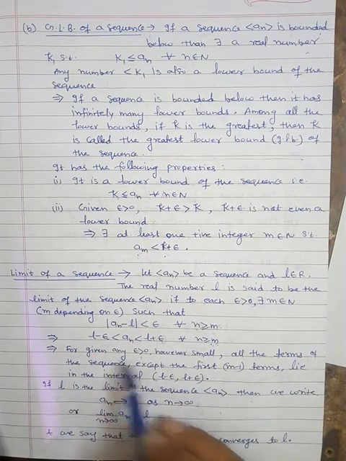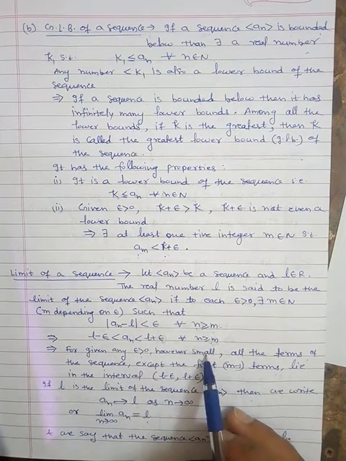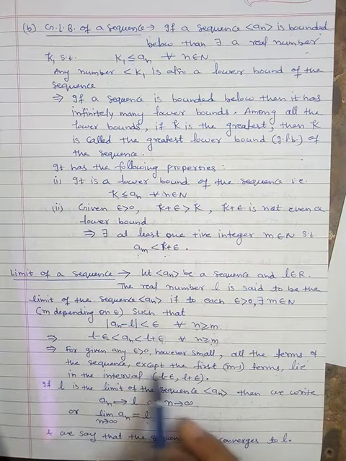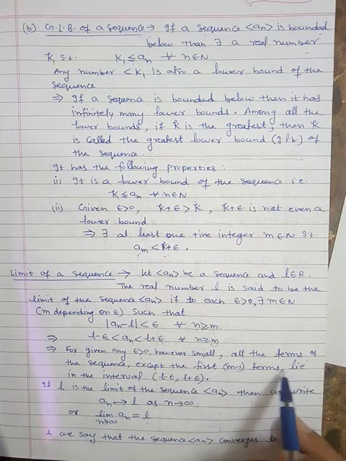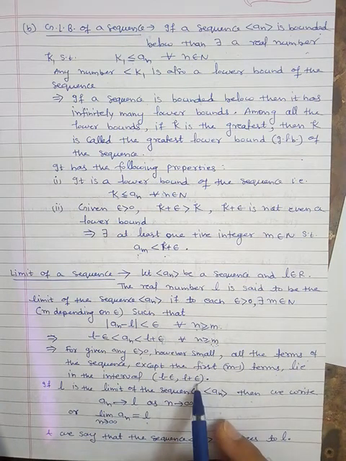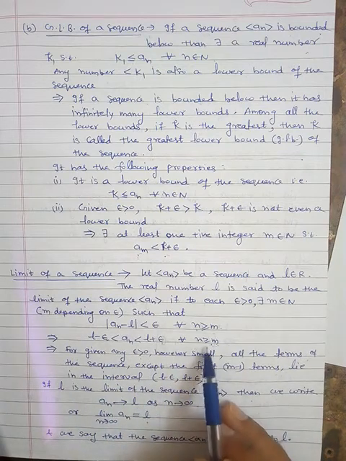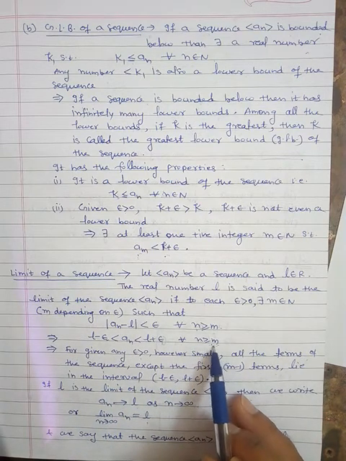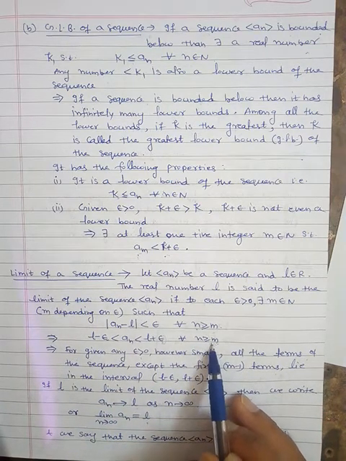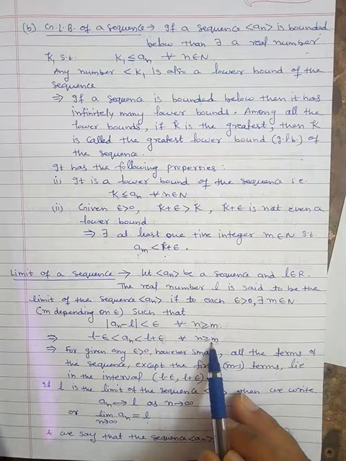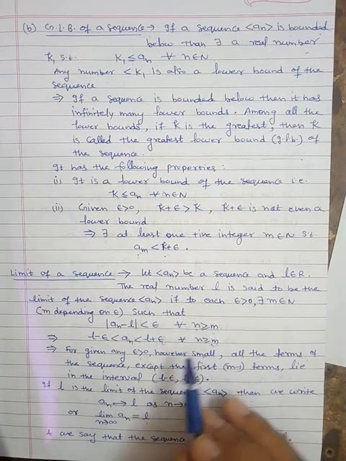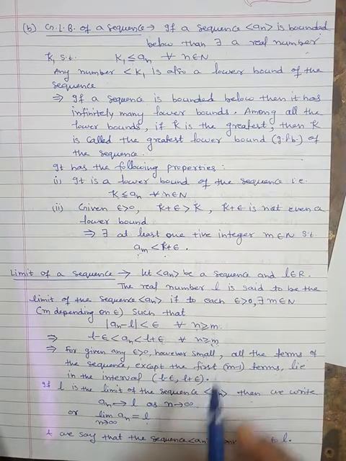For any epsilon greater than 0, however small, all the terms of the sequence except the initial m minus 1 terms lie in this interval. So this condition is satisfied by n greater than or equal to m, and may or may not be satisfied by the natural numbers from 1 to m minus 1.